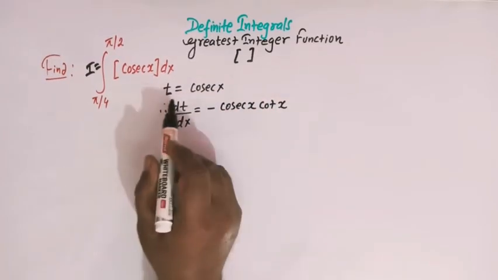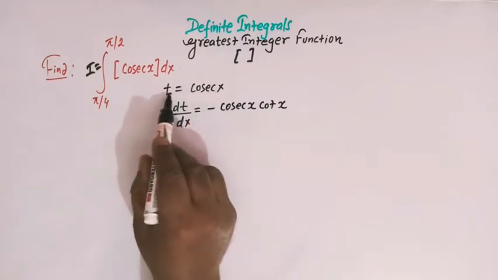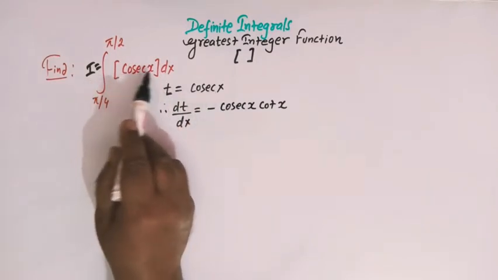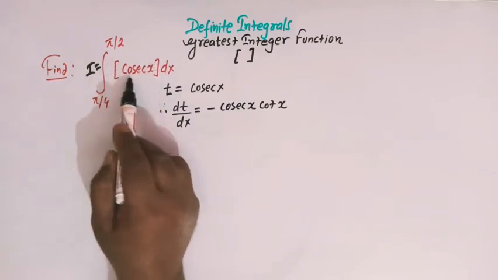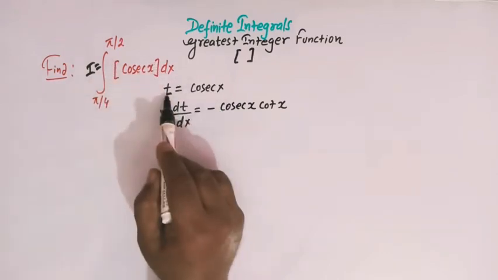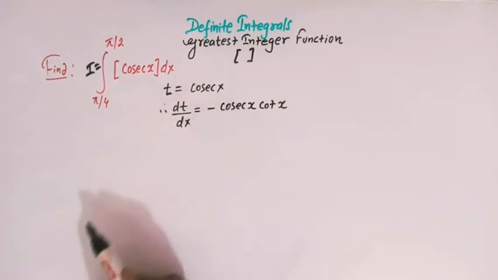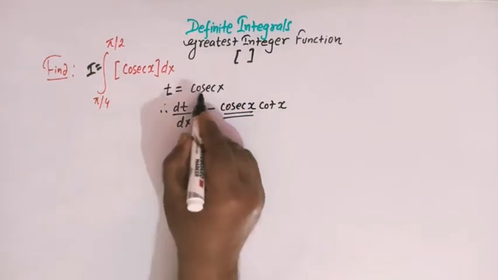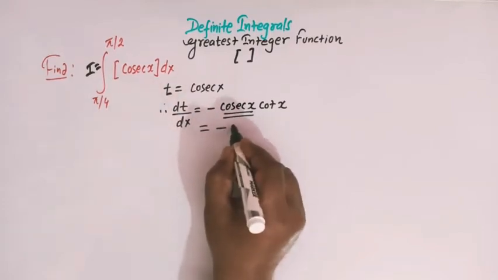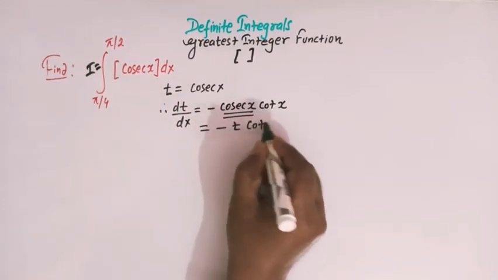So we have assumed the function which is inside the greatest integer sign, that is cosec x, equal to t, and the derivative of cosec x is minus cosec x cot x. Now cosec x is t, so we can write minus t cot x.